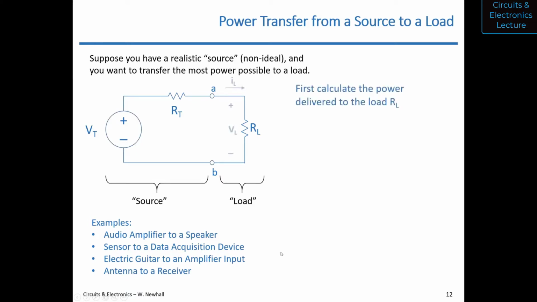So the goal is to figure out, if I have a source like your stereo, what load resistance in ohms do I need to connect in order to get maximum power transfer from a given source to a load.